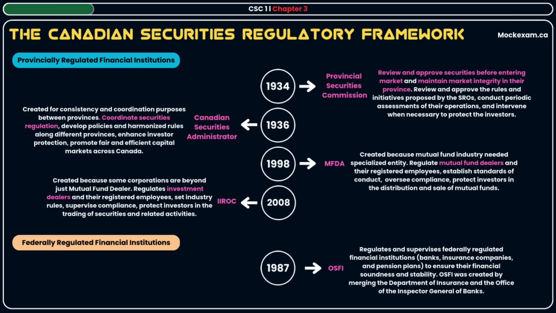It's an independent agency of the Government of Canada designed to ensure that banks, insurance companies, and pension funds have financial soundness and stability. OSFI was created by merging the Department of Insurance and the Office of the Inspector General of Banks. Awesome. This is the end of this lecture. You're doing great. I will see you in the next lecture.